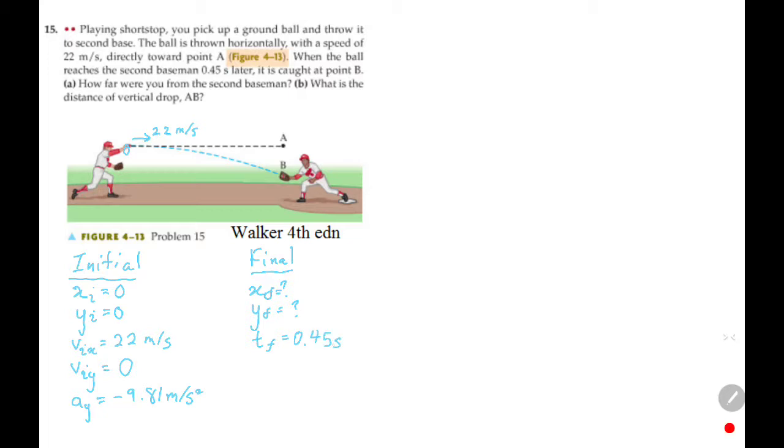Okay, let's think about the motion in the x direction. In x, we have x final equals v_ix times t plus x initial. Since we've set the origin as the pitcher's hand, this x initial is 0.